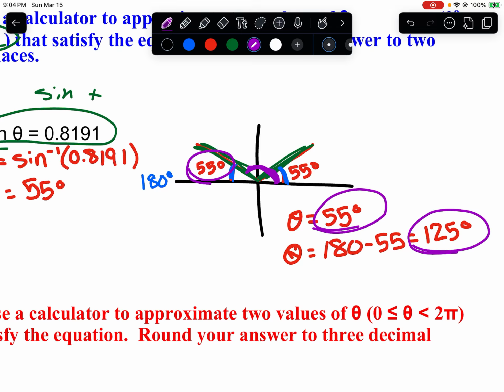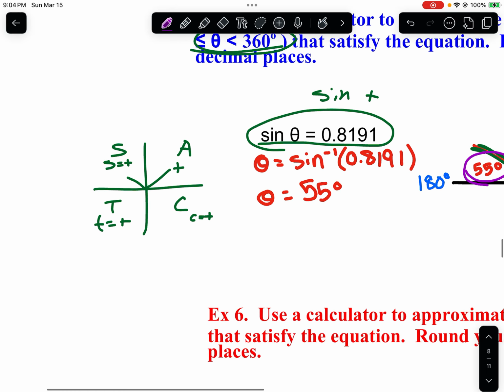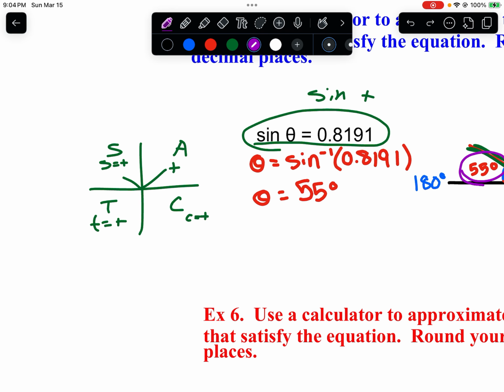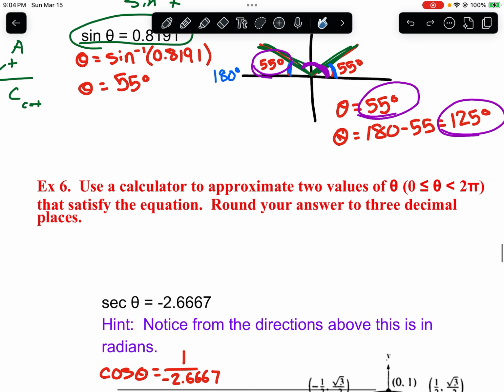So there's usually two angles that'll give you a sine or a cosine or a tangent value. Your calculator is going to give you the smaller one most of the time. But we want to take that information along with what we know about this piece here to be able to find that second one that our calculator is not actually giving us.